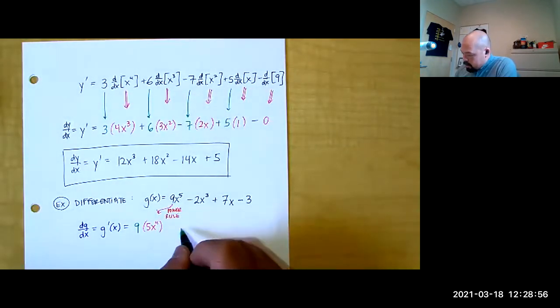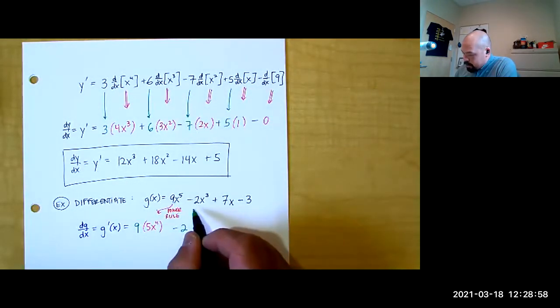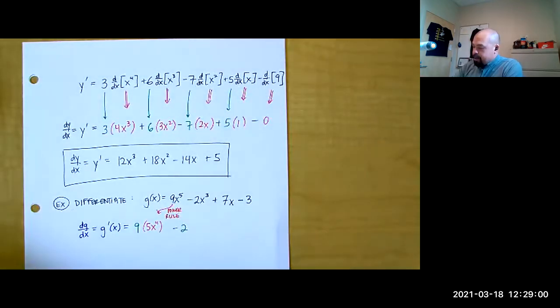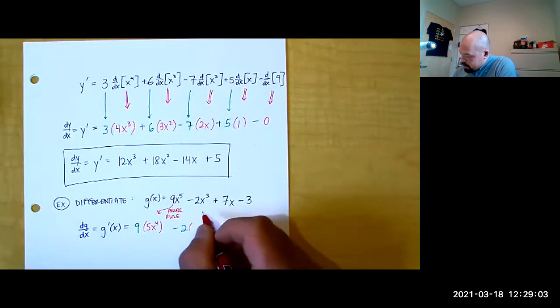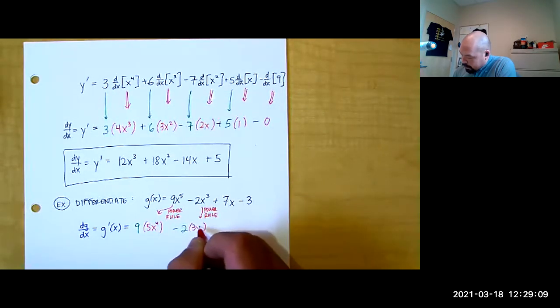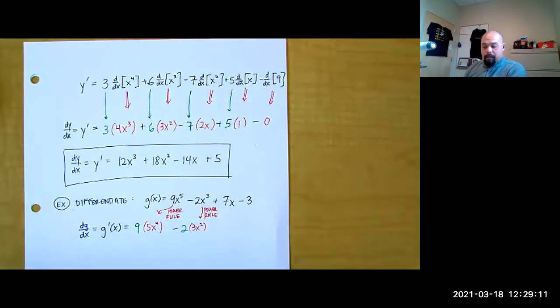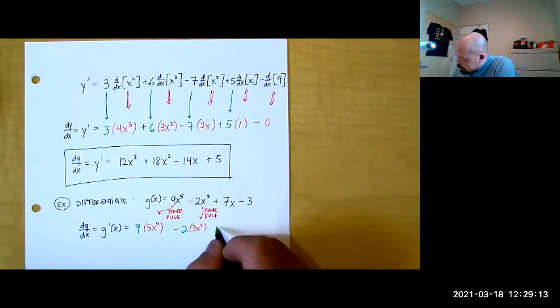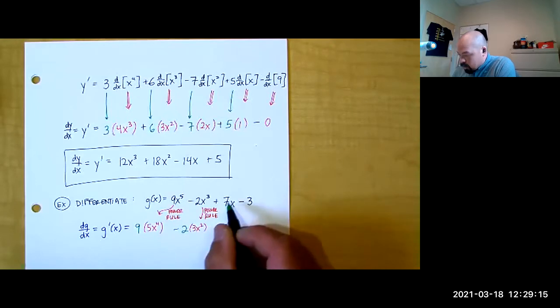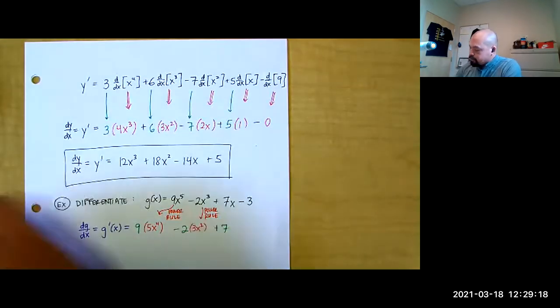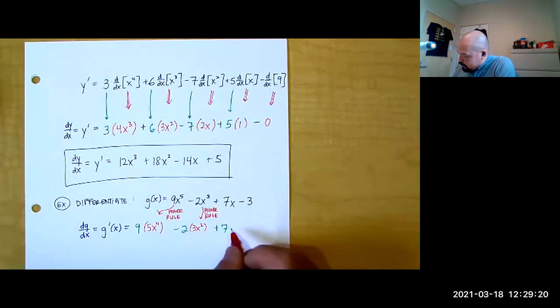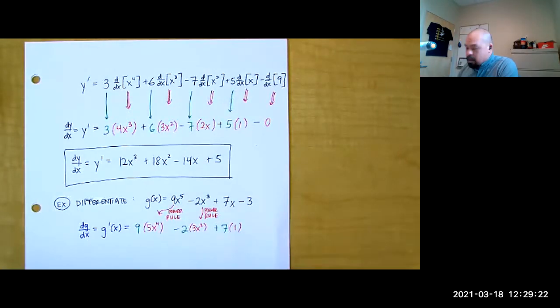Then minus 2, power rule here, 3x squared, plus 7, right? Keeping as constants those coefficients. The derivative of x to the first, 1.